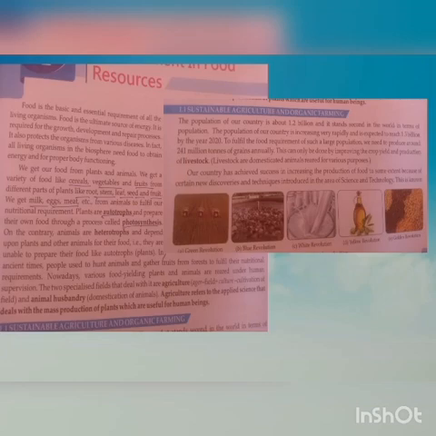Our country has achieved success in increasing the production of food to some extent because of new discoveries and techniques introduced in the area of science and technology. This is known as the Green Revolution.